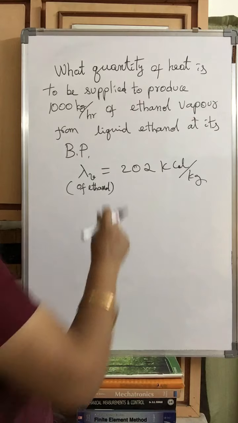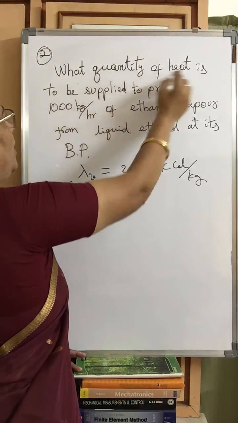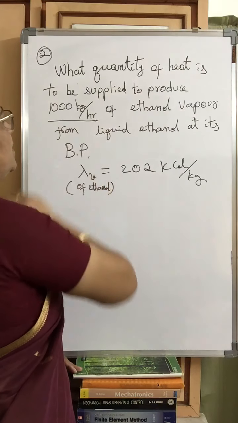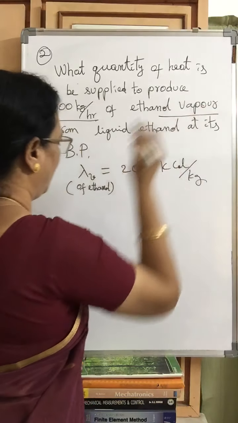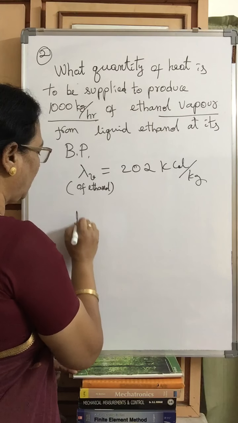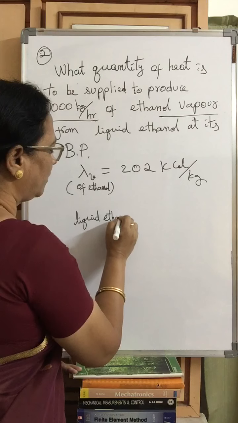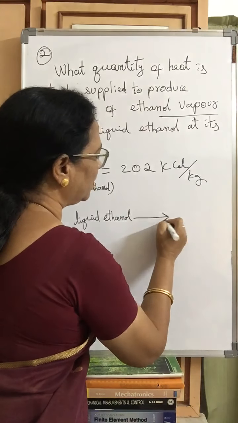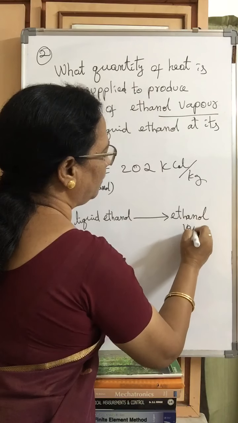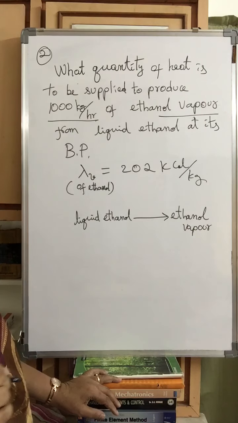So, second example: what quantity of heat is to be supplied to produce 1000 kg per hour of ethanol vapor? What is the problem here? Liquid ethanol is to be converted into ethanol vapor.